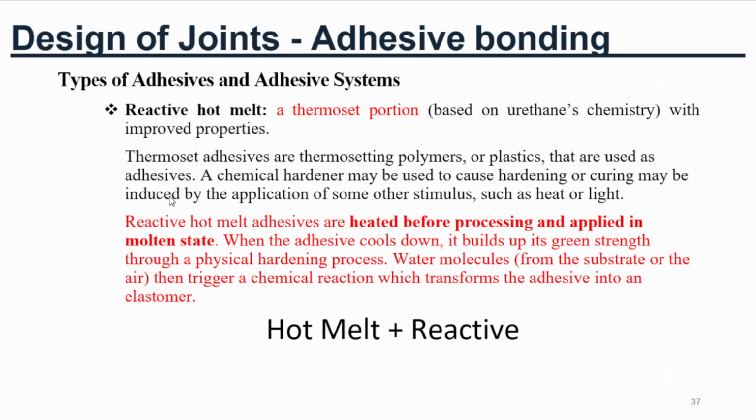This is highly durable, and this type of bonding method is used in the automotive industry, furniture, the packing industry, and also the textile industry. It is suitable for bonding metals, plastics, wood, and some composite materials.